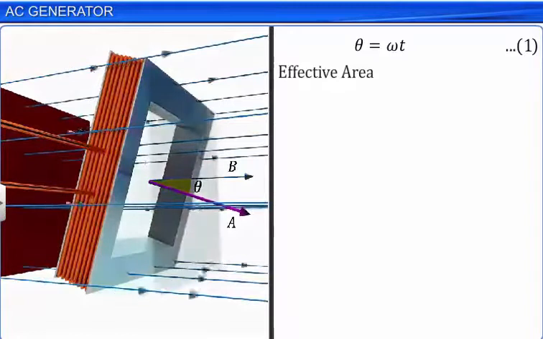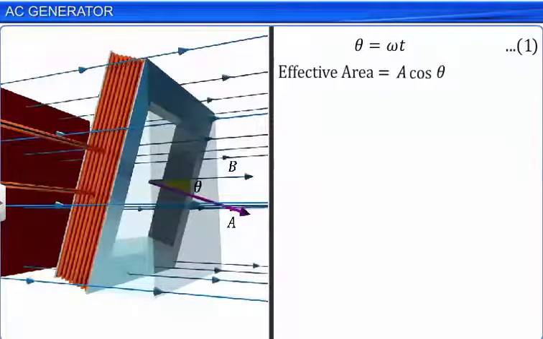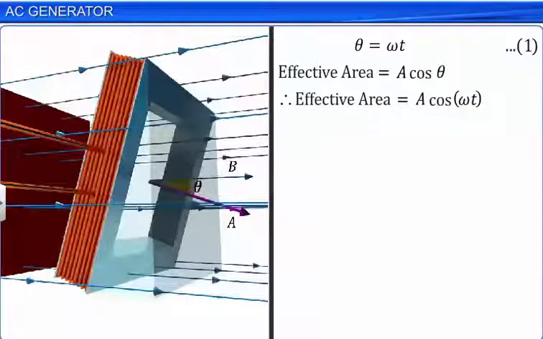The effective area of the coil which is linked with the magnetic field is A cos theta. From equation 1, it is clear that the effective area of the coil is a time-dependent function. In other words, the rotation of the coil causes the magnetic flux through it to change, thereby inducing an EMF in the coil.